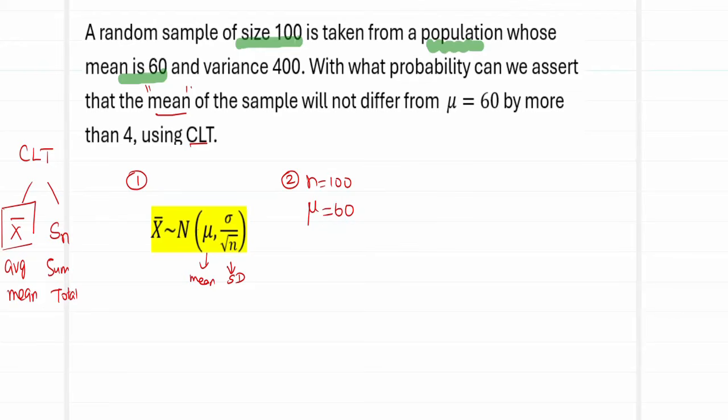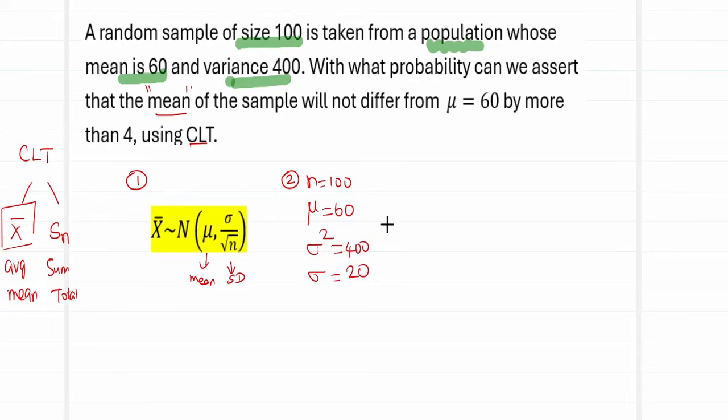The third thing given is variance 400. Keep in mind that variance is given by sigma square and not sigma. Sigma square is 400, so sigma is the square root of 400, which is 20.